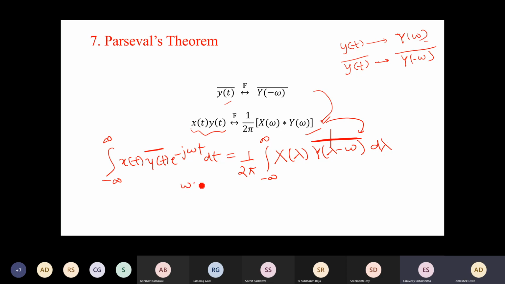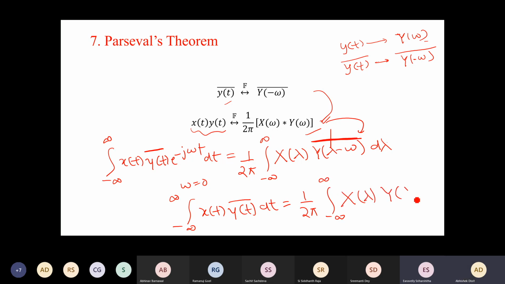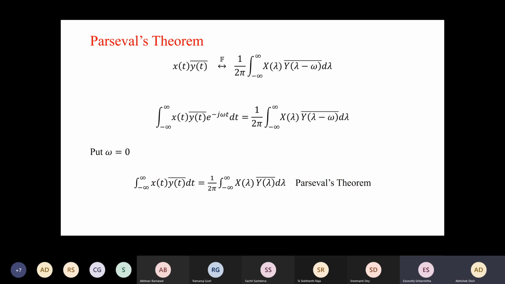So I get the integral of x(t) y(t) conjugate dt is simply 1 by 2 pi, integral from minus infinity to infinity of X(lambda) Y(lambda) conjugate d lambda. So I have proven Parseval's theorem. I think it's simple. Parseval's theorem has been proven using these two steps.